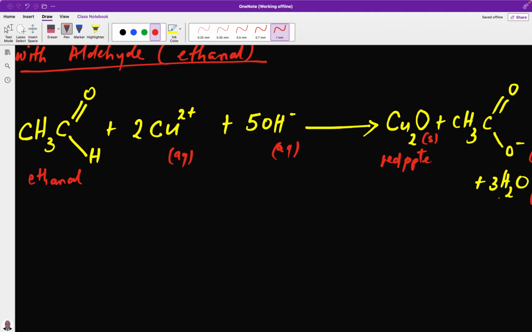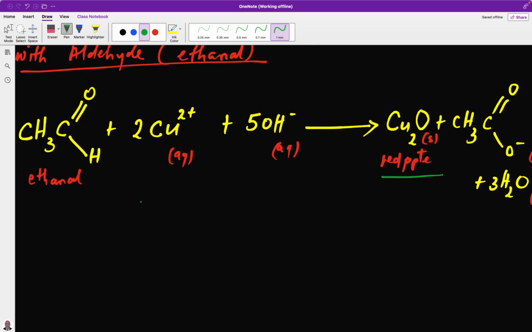The blue solution will turn into a red-orange precipitate. This is the precipitate that is formed, copper 1 oxide, a red-orange precipitate.